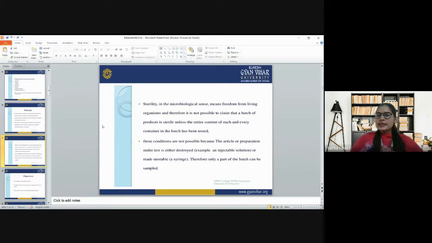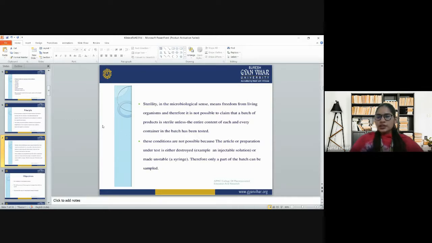Now, sterility in the microbiological sense means freedom from living organisms, and therefore it is not possible to claim that a batch of product is sterilized unless the entire content of each and every container in the batch has been tested. So, whenever we go for manufacturing of any product, we have to follow the sterility testing to check whether the batch is free from microorganisms or not.